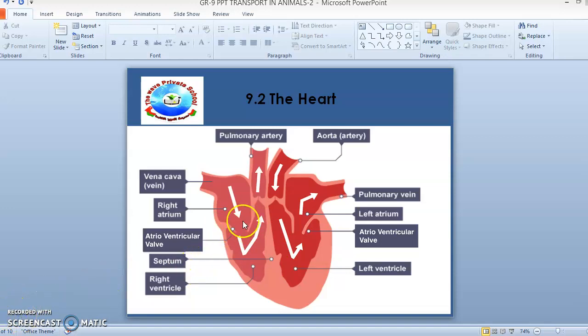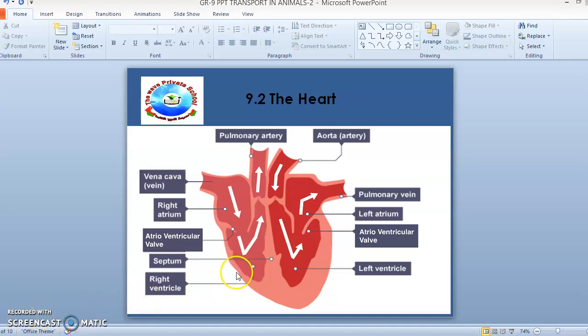The thickness of the walls of the right and left ventricles is also different. The right ventricle pumps blood to the lungs, which are very close to the heart, and the left ventricle pumps blood to all parts of the body.